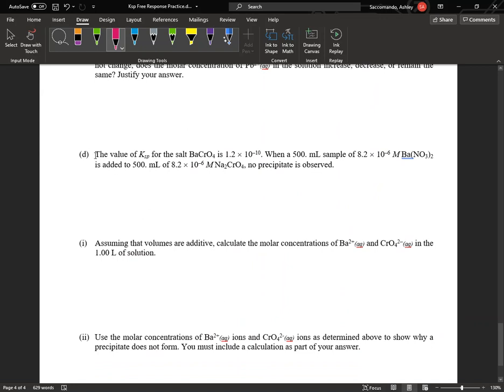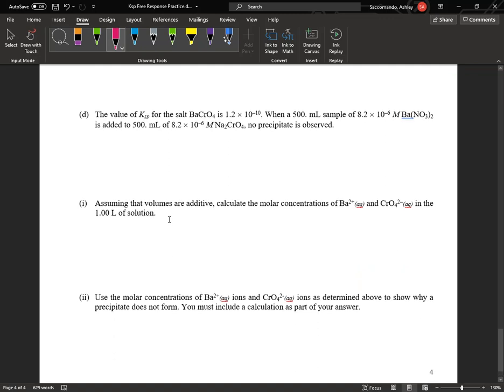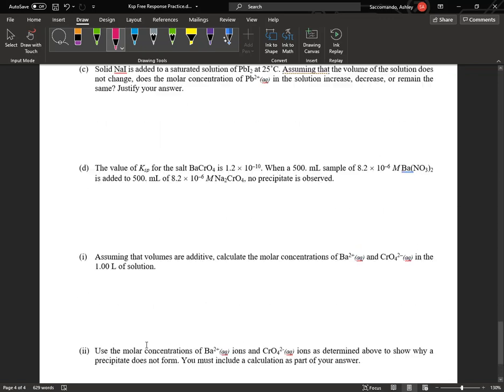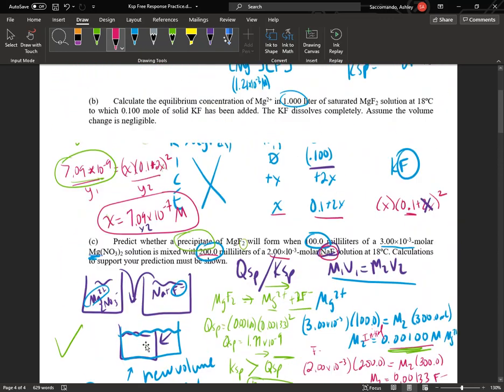Oh, I think this is, okay, assuming the volumes, calculate their molar concentrations. Okay, whatever, that's fine. There you go. All right, so those are the basic 3 KSP problems that you will see.